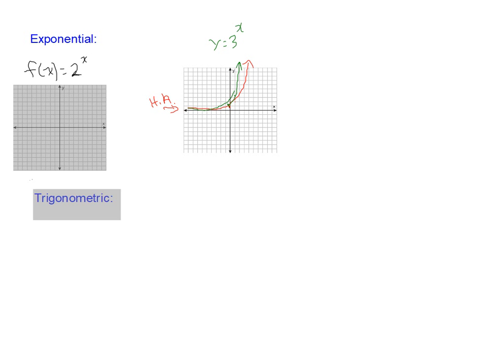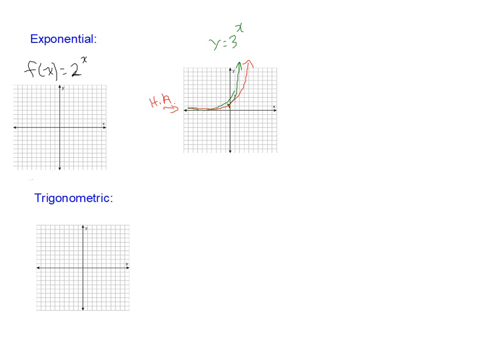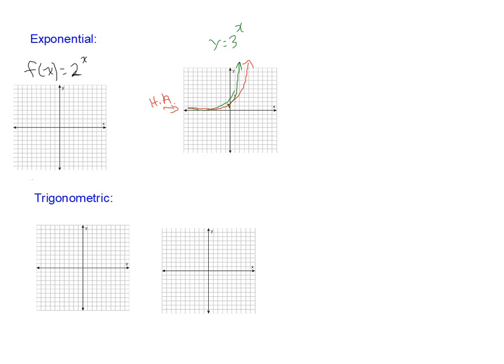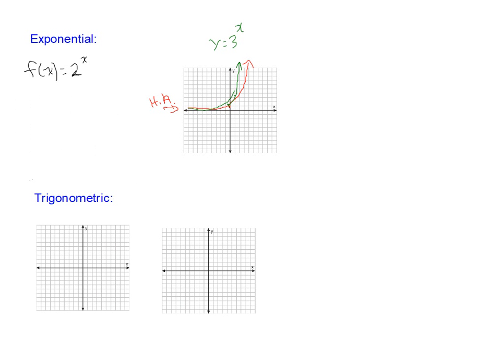Maybe I made 3 of them, but I think you only did 2 of them, so we'll save the third one for when we get to the trigonometry a little bit later on. So let's get rid of that one. The trigonometric functions were things like y equals sine x and y equals cos x. Again, I'm just going to sketch those out for you. And y equals cos x.